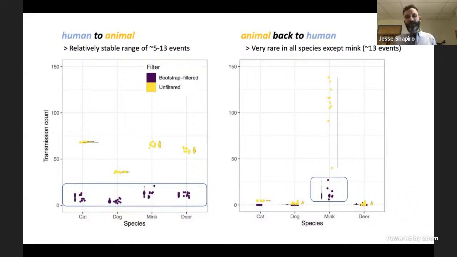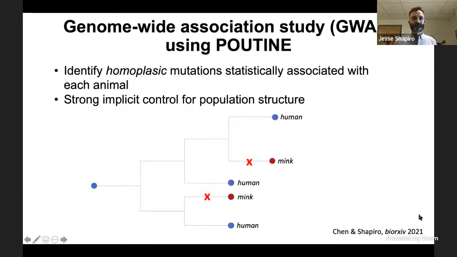This is consistent with what has been documented in some of the other papers on mink. But here we at least have it in a comparative perspective, so we can really see that mink so far have been the major source of spill back into humans. And some of this can be due to sampling effects. Okay, so I'm going to keep highlighting that. So that was the first thing, looking at transmission.